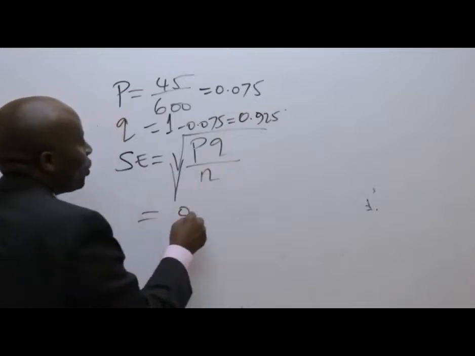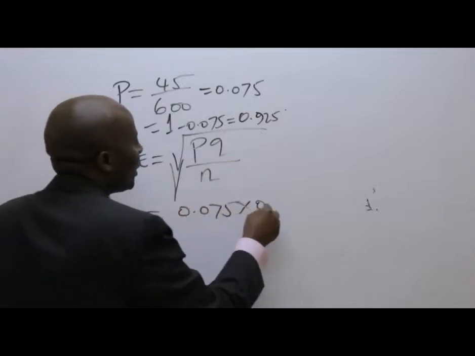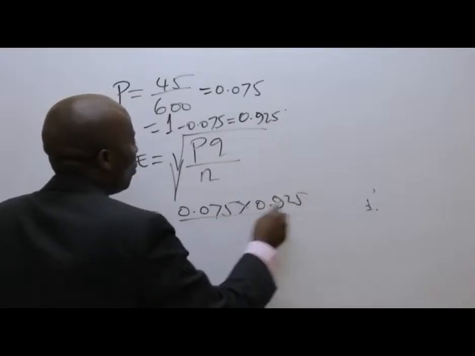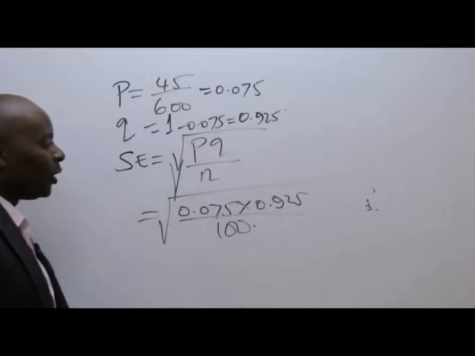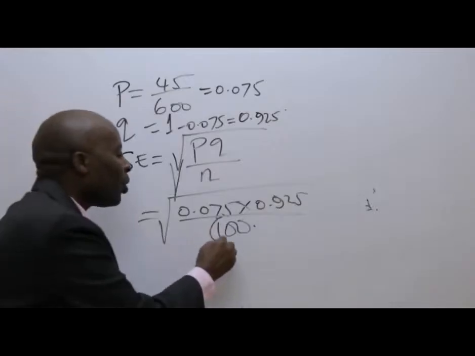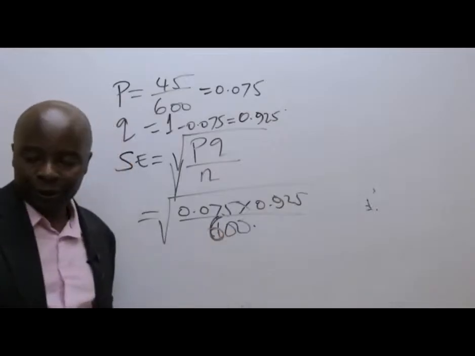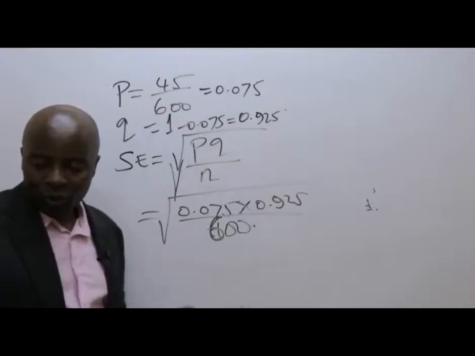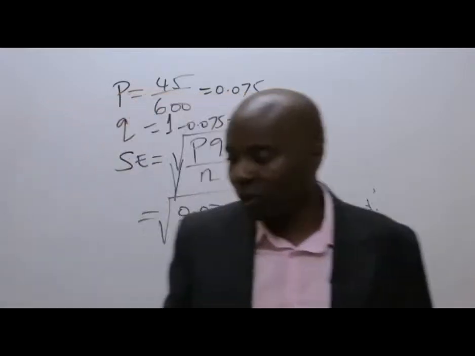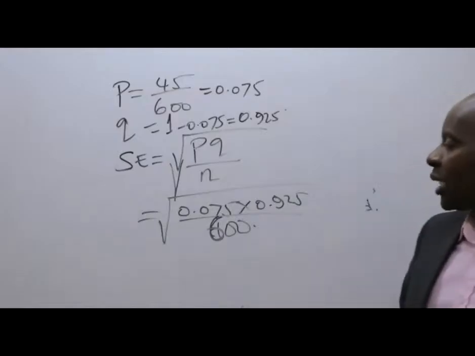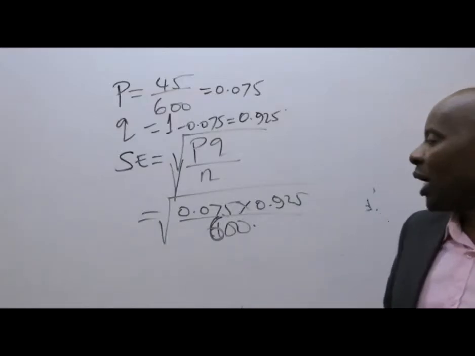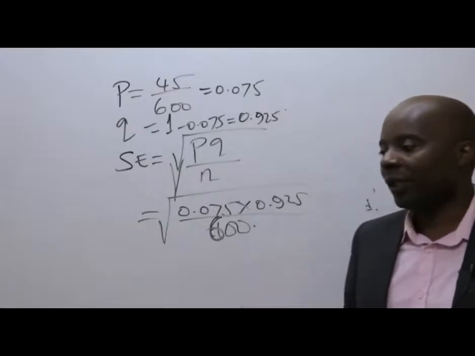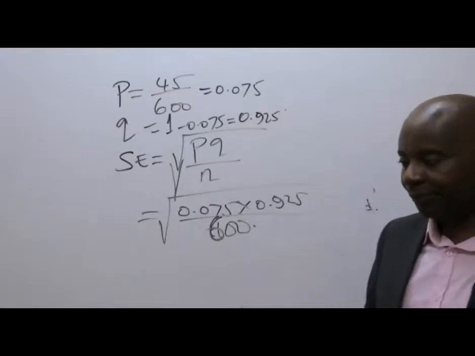So we'll talk of 0.075 times 0.925. Whatever we get, we divide by N. We sampled 600 accounts, so our N is 600. Could you kindly give us this standard error?